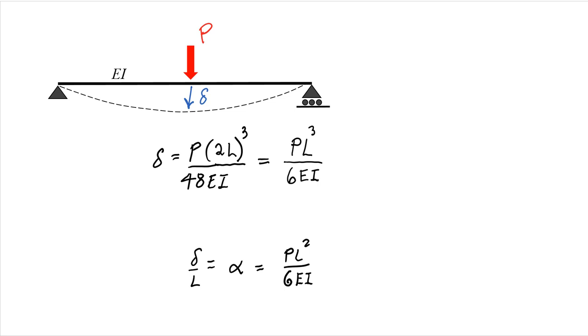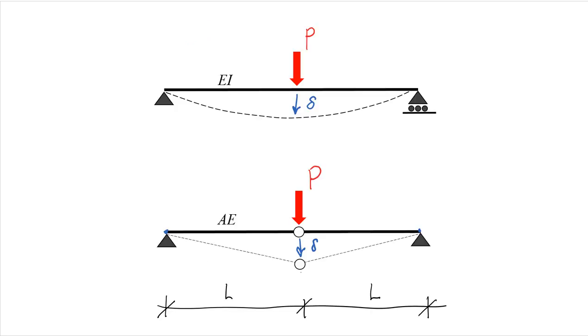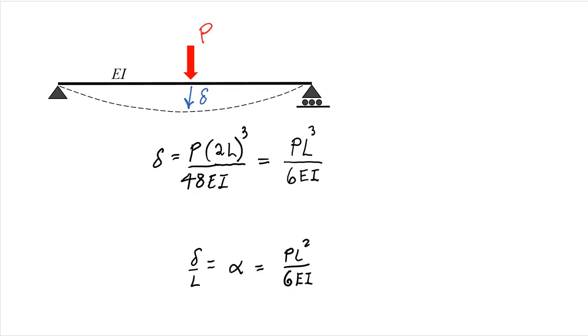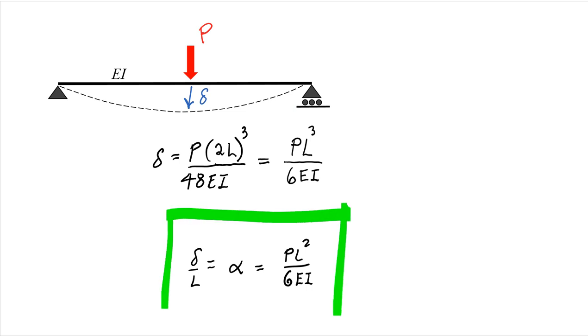In this case, the length is 2L, remember, because we are using that L as half the length, and so we have to cube 2L. And so that results in this nice expression here after we divide the deflection by L, and we get that the variable alpha, which is delta over L, equals PL square over 6EI.